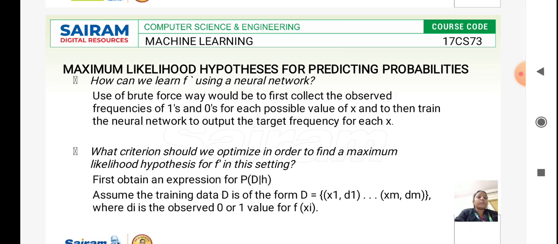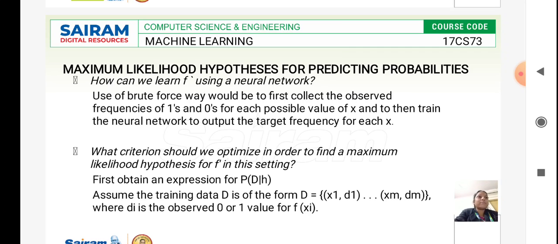Similarly, here I am going to collect the frequencies of both 1s and 0s, which is both the true condition and false condition, for the possible value of x. For the given value of x, I collect the frequency of occurrence of the true condition, that is 1, and also the frequency of occurrence of the false condition, that is 0, and I train my neural network according to the frequency I have observed.